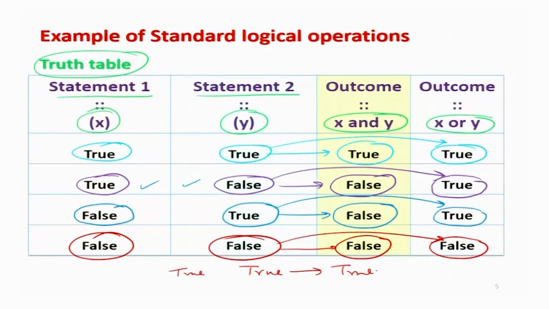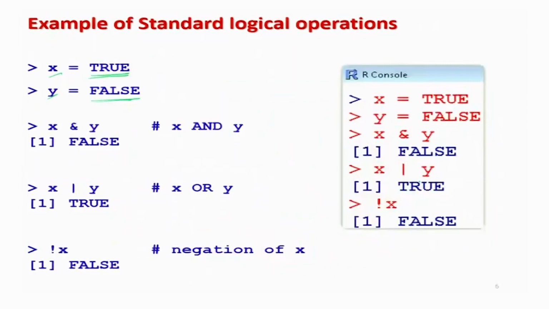If you see here, I am taking, for example, case number 3, where one is true and another is false, and I want to operate on these two statements, x and y, x or y. So you can see that the x and y statement is false and x or y will be true. When x is true and y is false, x and y gives the outcome false, and x or y gives the outcome true.